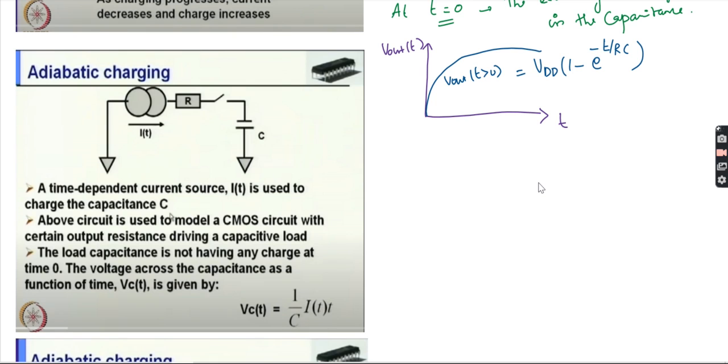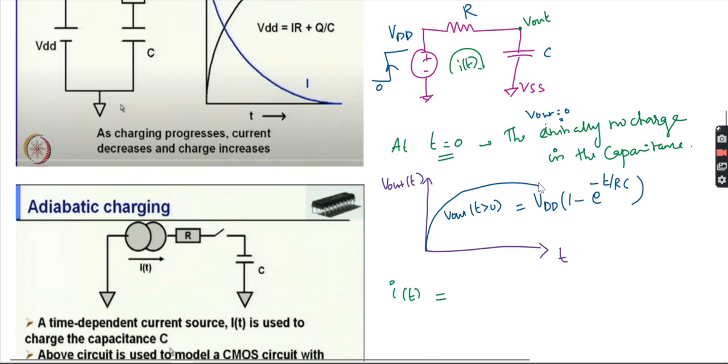So simple, I of t is equal to, from the circuit, what is the current actually? I can say the current is flowing through R between this and this.